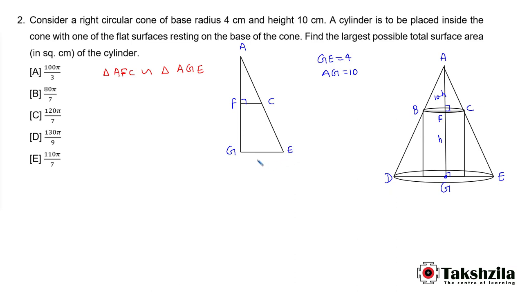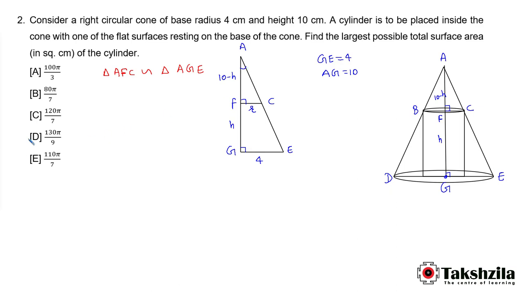The length of GE is 4, the length of FC, let's take it as R. This is the radius of the cylinder. After that the length of FG is equal to H, so the length of AF becomes 10 minus H. So these two triangles are similar by using the double A test. One angle is 90 degrees each and this angle is a common angle.